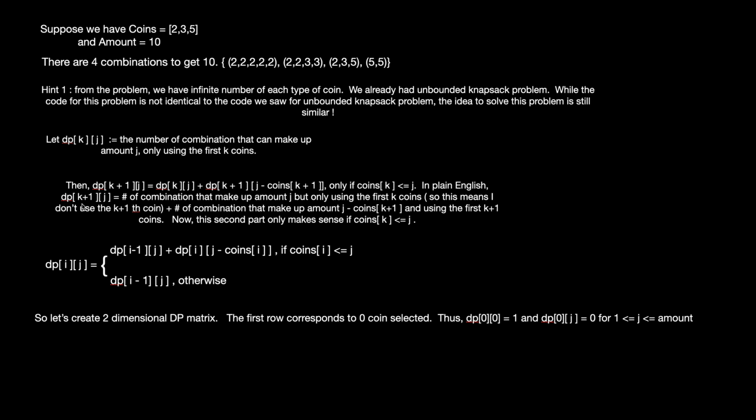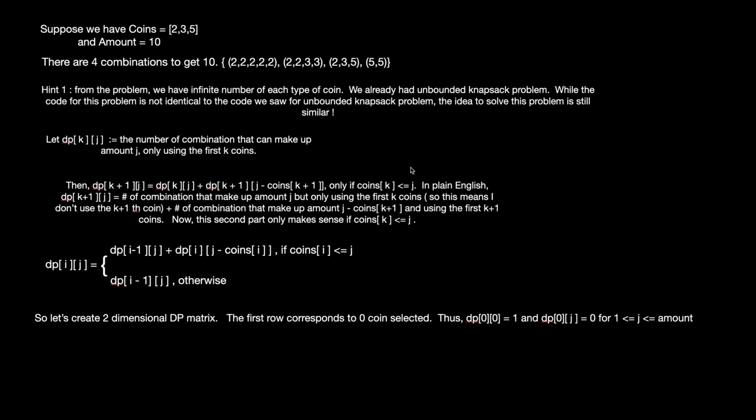So dp of k plus 1, j would be what? That's the number of combinations that make up an amount j using only the first k coins, which is just dp of k, j. Then if the coin is less than or equal to j, we have to consider that we can pick that coin. So there will be the number of combinations that make up amount j minus coins of k plus 1, using the first k plus 1 coins.